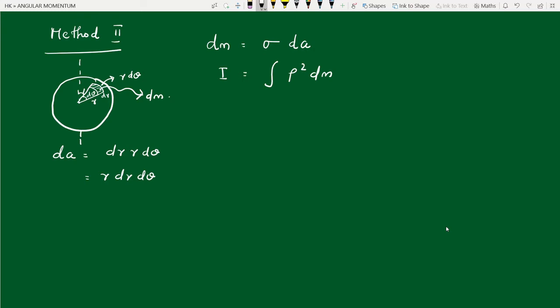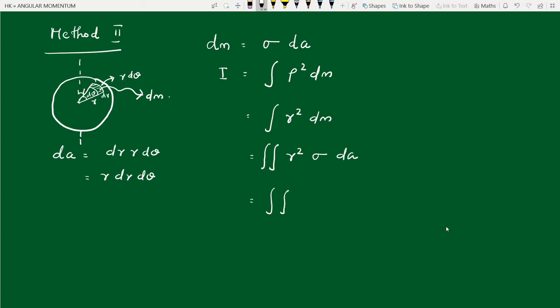This side is r d theta. So what is the perpendicular distance of this differential mass dm from the axis of rotation? It is nothing but r. So this equation we can modify as integral r square dm. And let us substitute for dm: integral r square sigma dA. So this is a surface integral, a double integral.